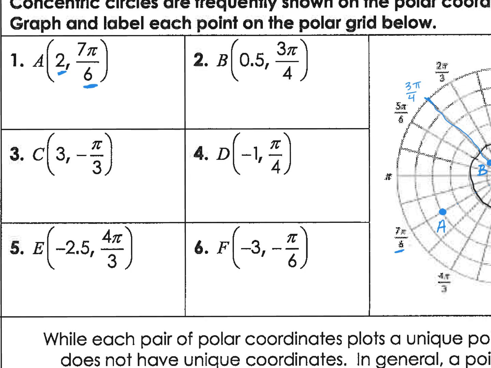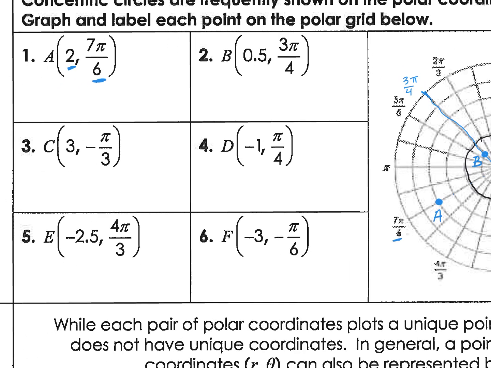All right. So negative pi over 3. So first thing we do is take negative pi over 3 and add pi to it. And that will tell us where to go. So negative pi over 3 plus 3 pi over 3 puts us at 2 pi over 3. So really what we're graphing is 2 pi over 3.